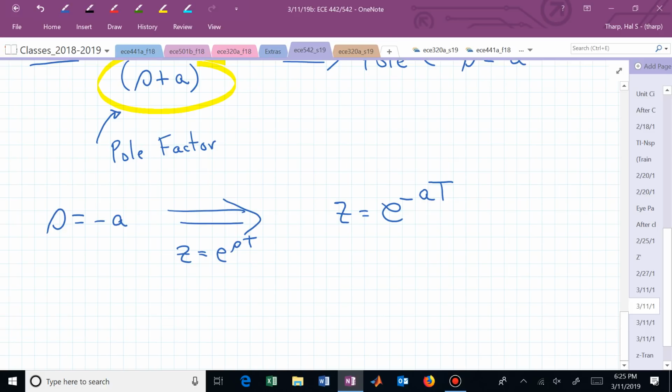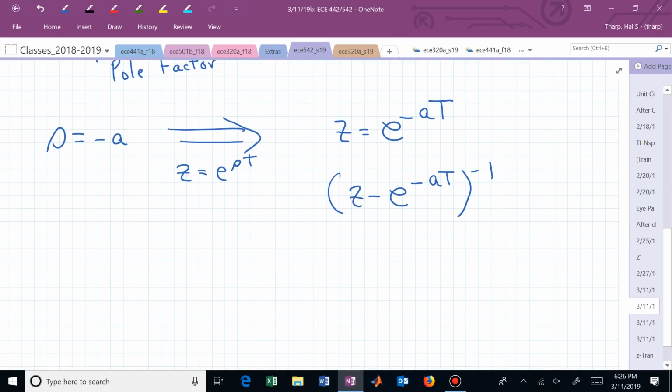Or we now have a factor like that in our discrete equivalent. I put the minus 1 because I'm not touching the gain right now. But that's 1 over z minus e to the minus aT.